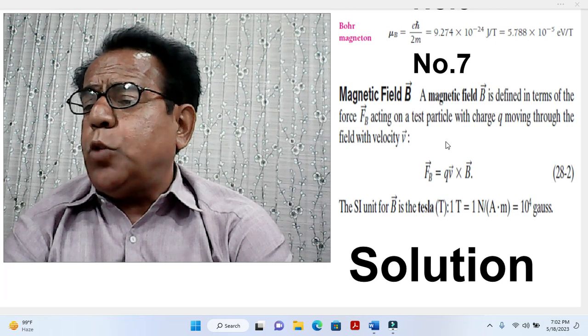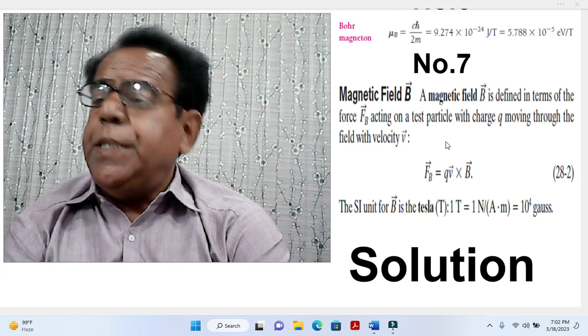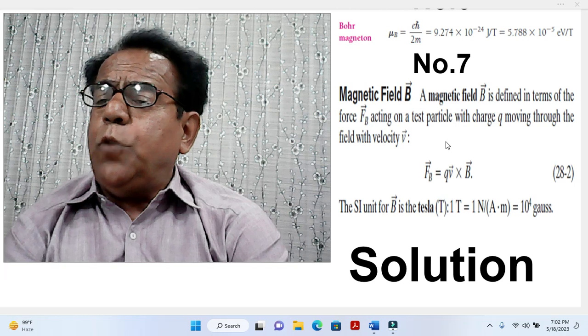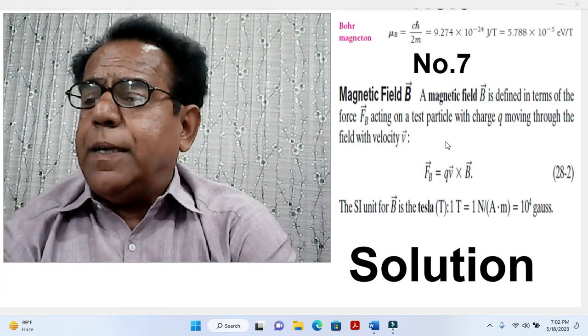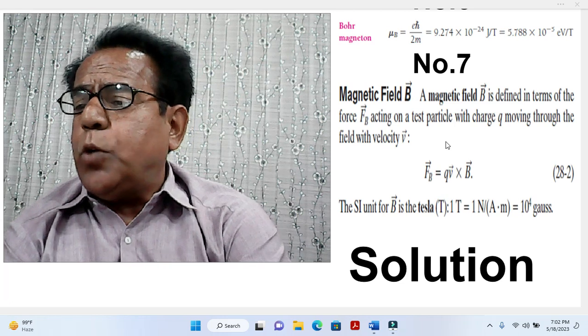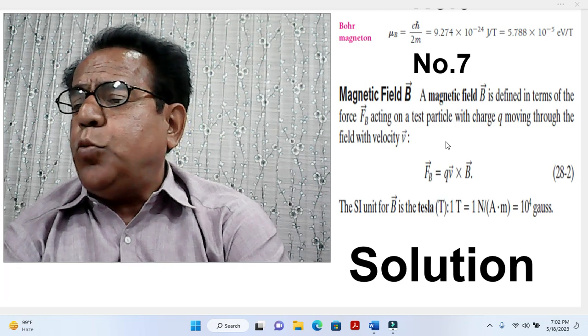FB is equal to Q v cross B. The SI unit of B is the Tesla, capital T. 1 Tesla is equal to 1 Newton over ampere meter, which is equal to 10,000 Gauss.